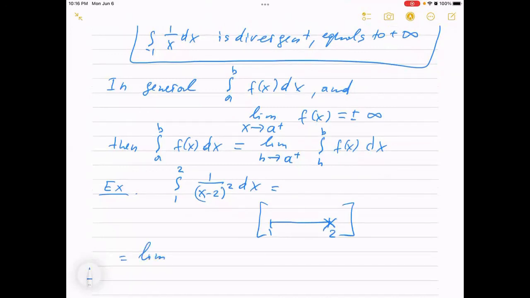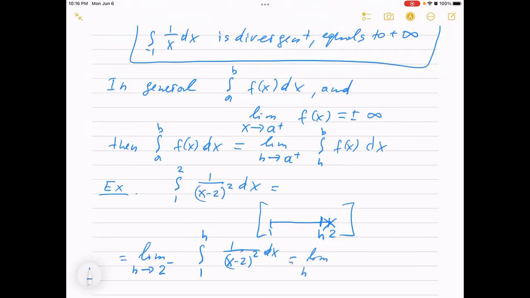We're not going to plug in 2 immediately. We're going to take some h a little bit to the left of 2, so h eventually will be approaching 2 from the left, of 1 over (x minus 2) squared dx.